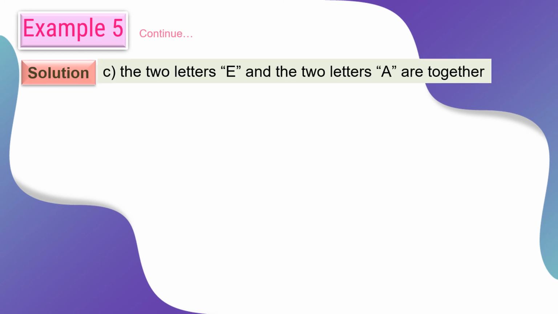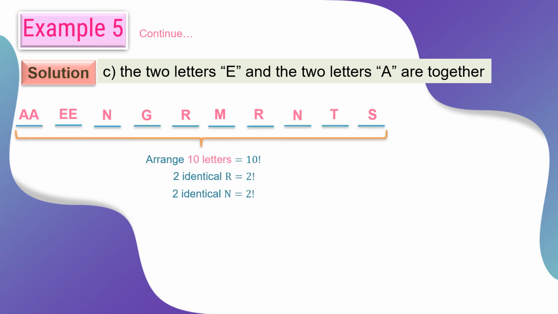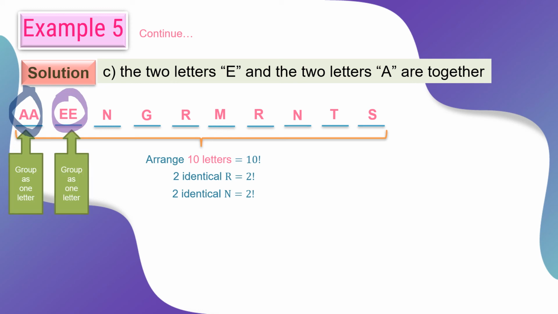Okay, next we go to example 5C. The two letter E and the two letter A are together. So when E and A are together, we try to join them in one group. This is one group, A one group, E one group. Group as one letter, and same like E, group as one letter.